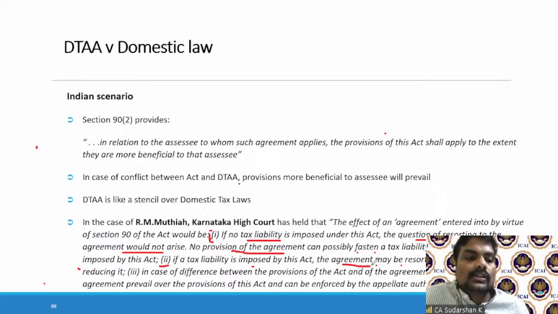The tax treaty may be resorted to for negating or reducing it, so basically to reduce or negate double taxation. In case of difference between the provisions of the Act and of the treaty, the provisions of the treaty will prevail over the Act, that is, if the provisions of the treaty are beneficial to the assessee.